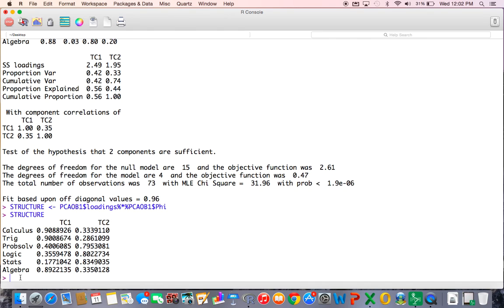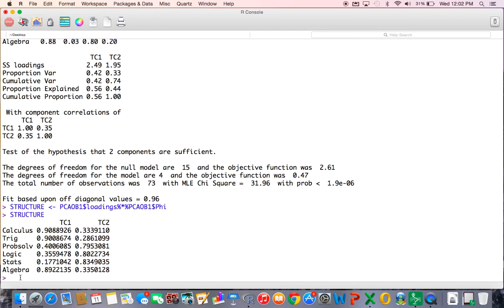So, guys, I think that the structure matrix and pattern matrix support what we knew all along from the orthogonal rotation. So guys, again, I'm a happy man. If I were publishing this, I would be extremely, extremely happy.